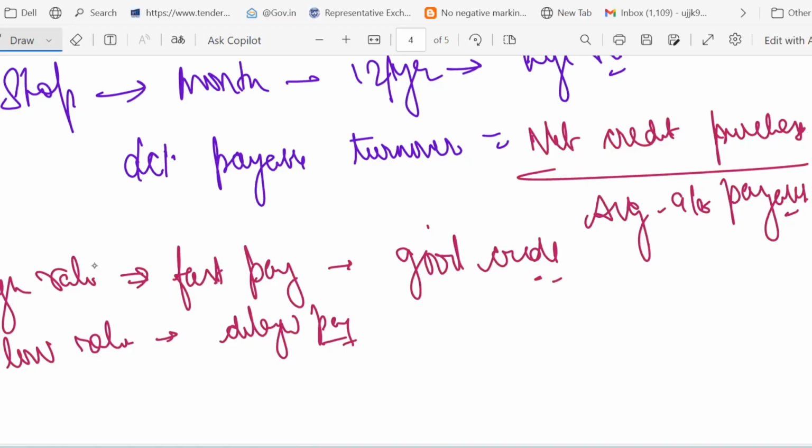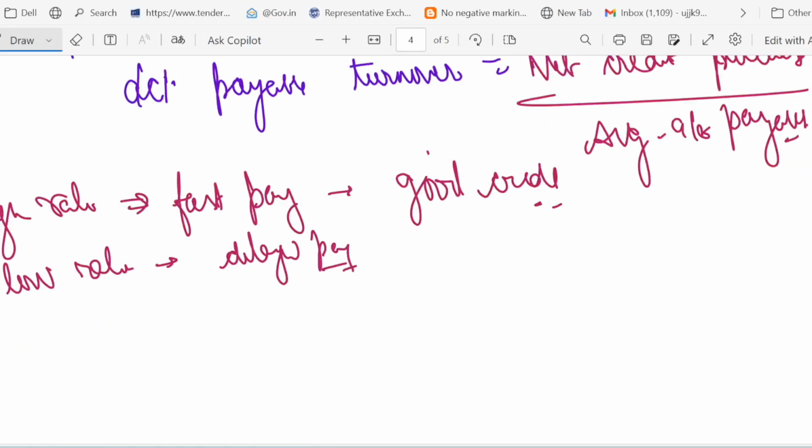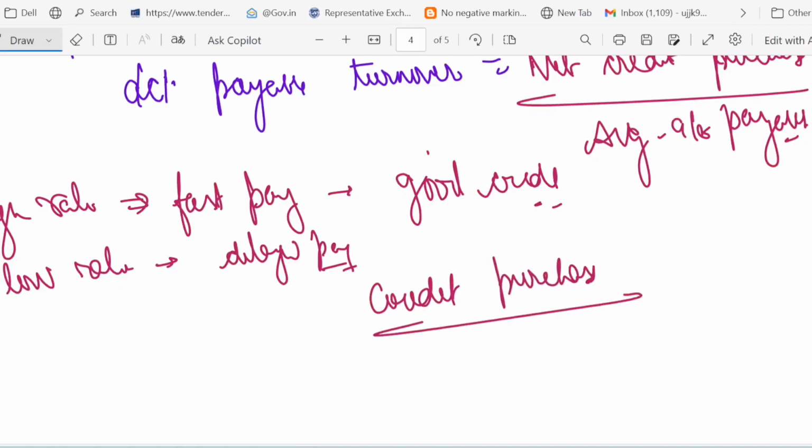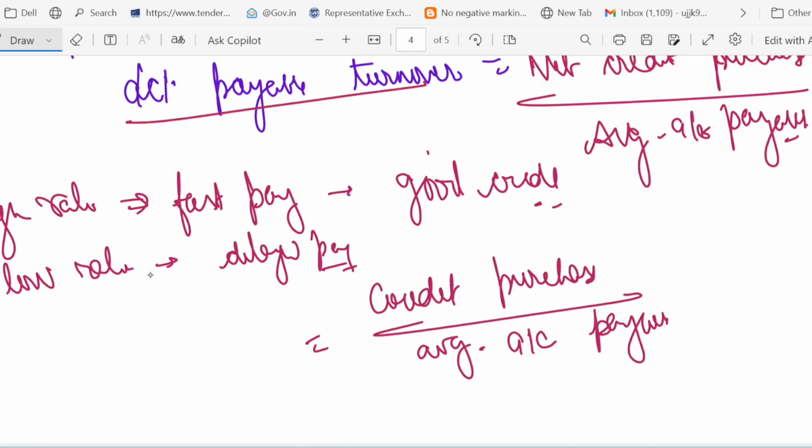Then I told you the formula for account payable turnover. In the numerator, you write the credit purchase. In the denominator, you write the average account payable, right? Credit purchase upon average account payable gives you account payable turnover or credit turnover ratio.